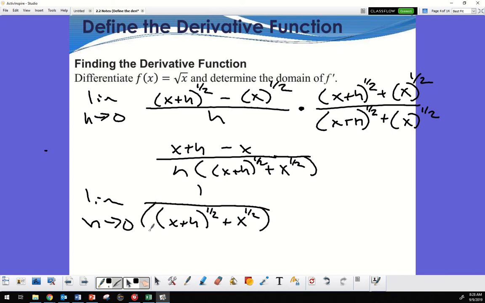There we go. So if I plug in 0 for h, it's going to be the x plus 0, right? So it's x to the 1/2 plus x to the 1/2. How many x to the 1/2 do I have? 2. So my answer, as this goes to 0, it is 2x to the 1/2.